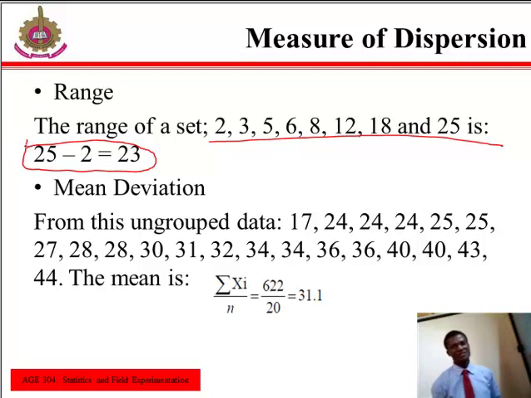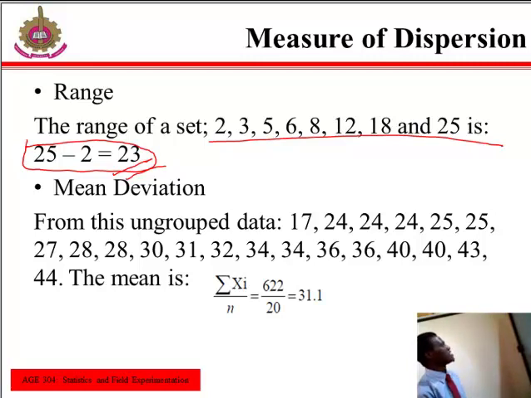The reason being that 25 is the figure among the set of numbers given to have the highest magnitude, while 2 has the least magnitude. The range is the difference between the highest and the least, and that is how we have our range to be 23.